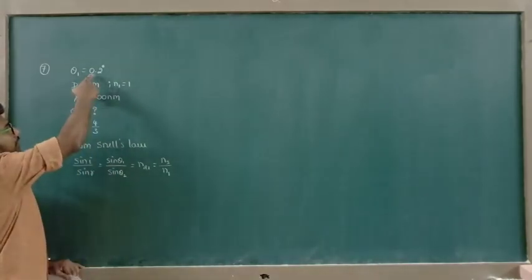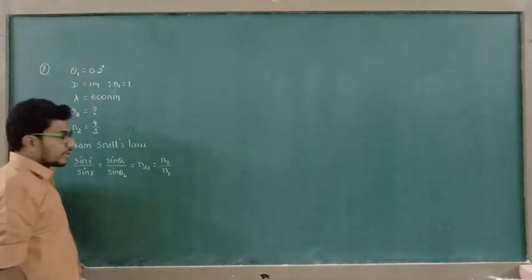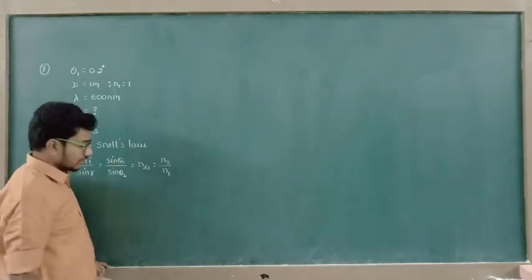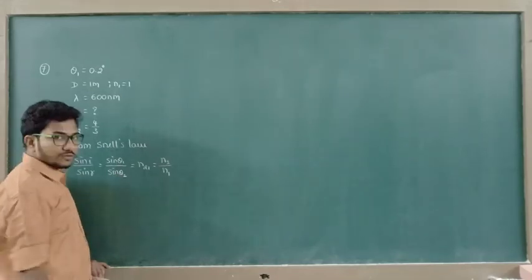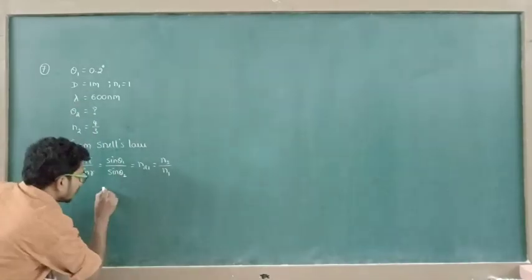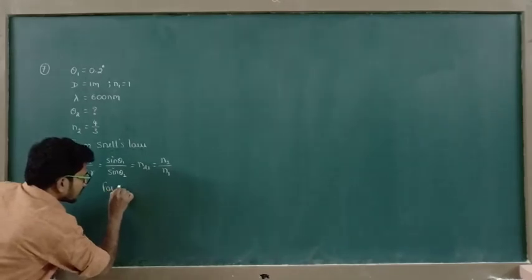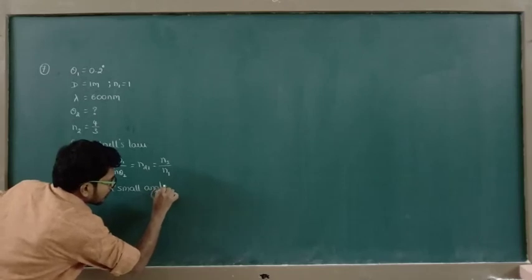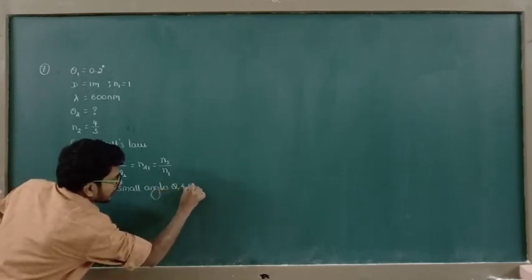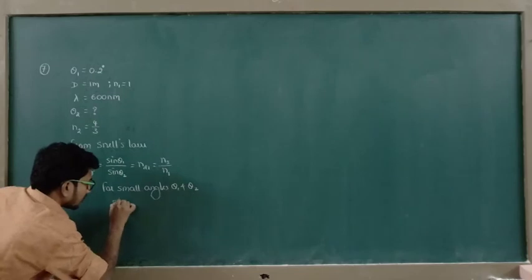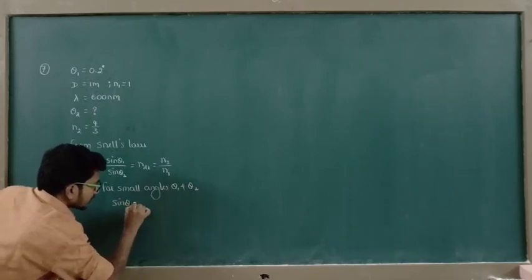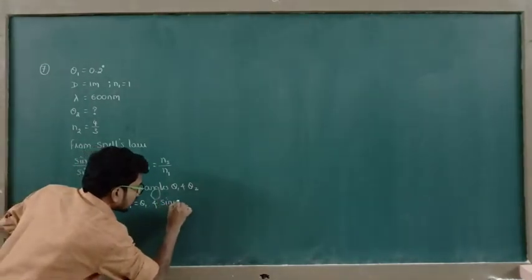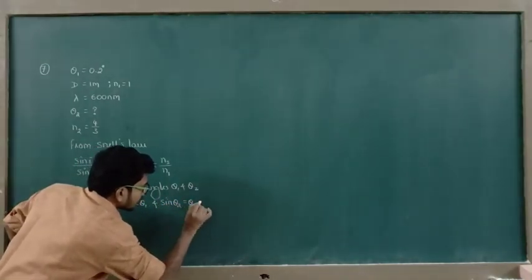So clearly here theta is very small. For small angles we can consider sin theta 1 is nearly equal to theta 1, sin theta 2 is nearly equal to theta 2. For small angles theta 1 and theta 2, sin theta 1 is equal to theta 1 and sin theta 2 is equal to theta 2.